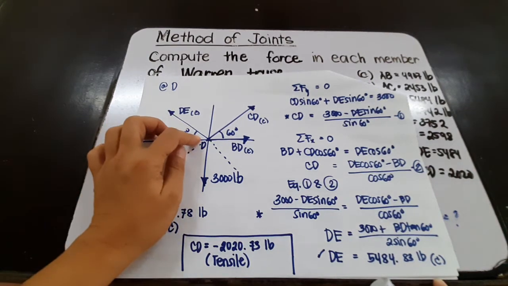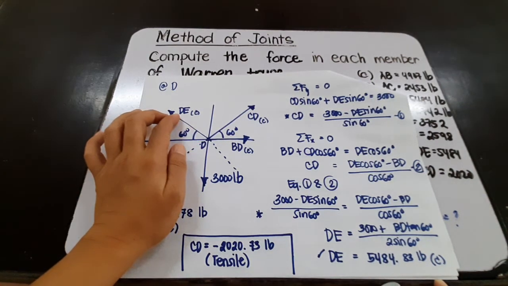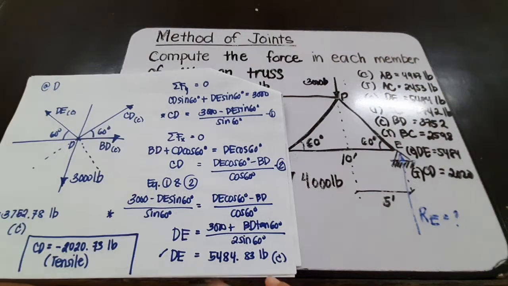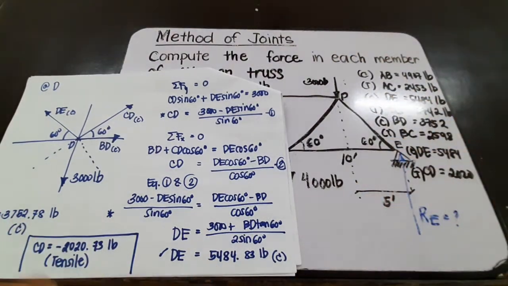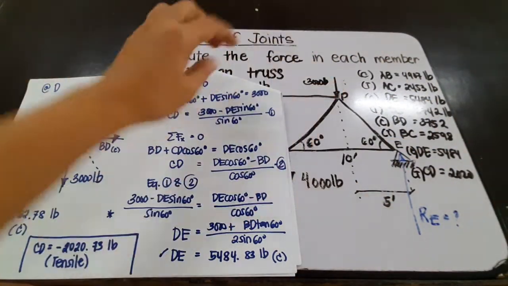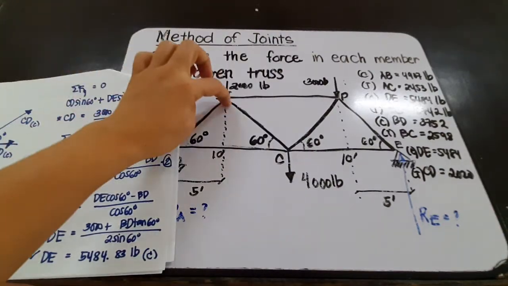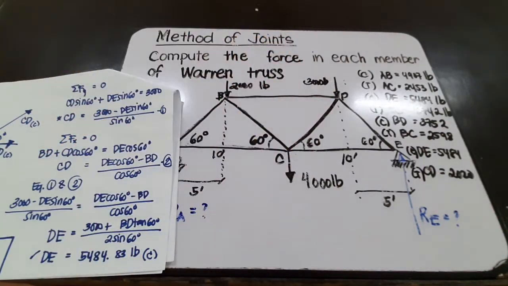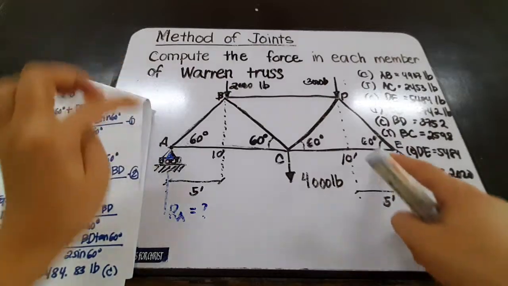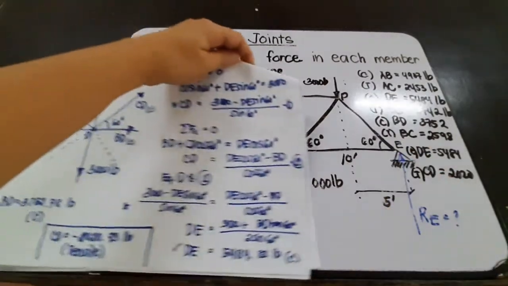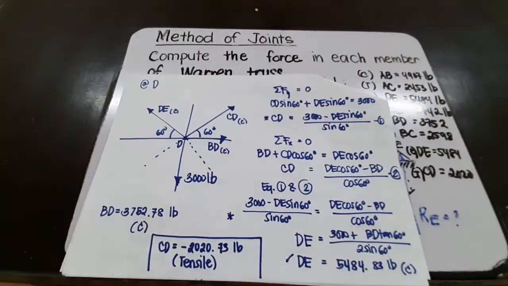But in the assumption that we don't have a value for DE, then still we can solve for this. Since they have the same value, whichever joint you have selected after solving for E and A is okay.